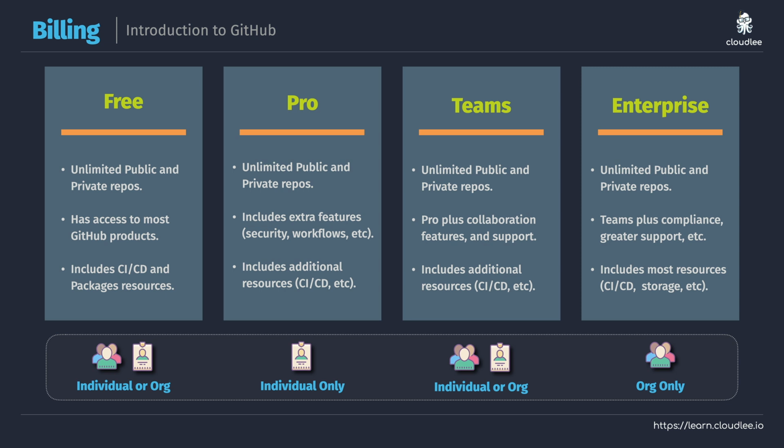But if you're an organization, you can sign up for free, teams, and enterprise. Now, again, these are the differences around what plans you can use depending on what account you are setting up that plan for. But also understand, an individual that has the free plan will actually have different inclusions than an organization that is configured with a free plan. And similarly, an individual with the Teams plan will have different inclusions than an organization who has the Teams plan.